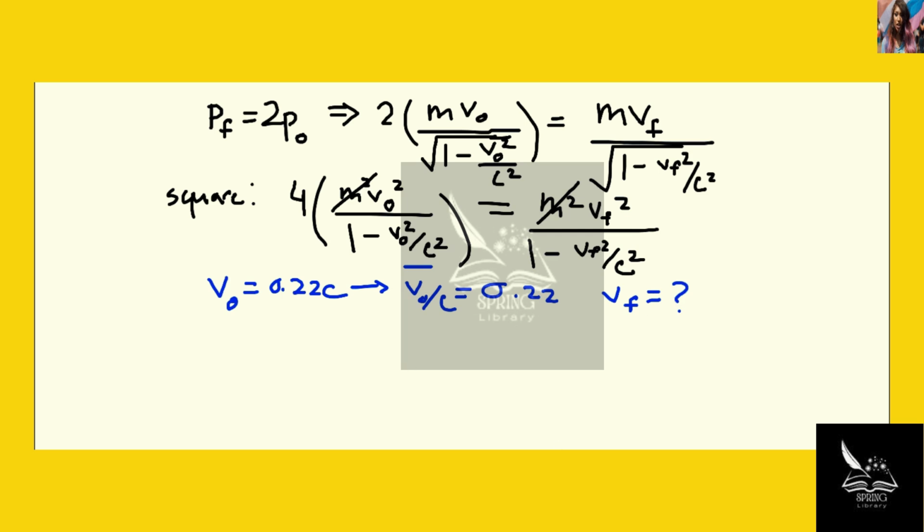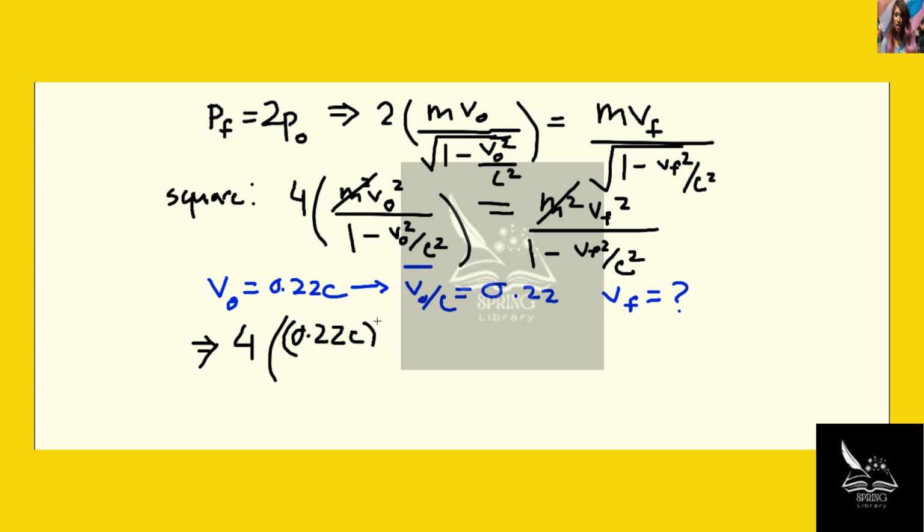Right. So it really is an algebra problem at the end of the day, because if you can solve this algebra, you very easily get out a v sub f. And let me go ahead and do that for you right now. You have, okay, so what you get from above is that 4 times 0.22 c.